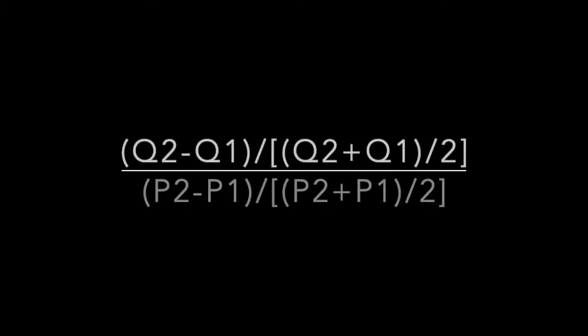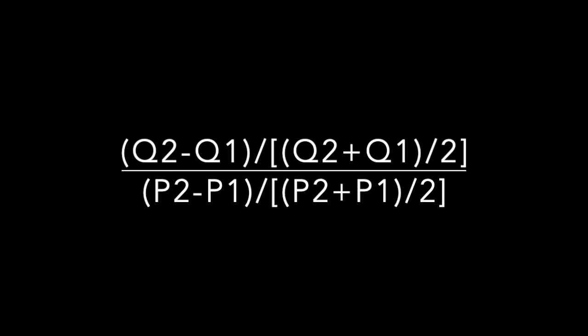The midpoint method for calculating elasticity involves a formula where we're basically taking the averages of the two values. And so the first value, which was the change in the quantity demanded divided by the quantity demanded, now becomes the quantity demanded value 2 minus the quantity demanded value 1.